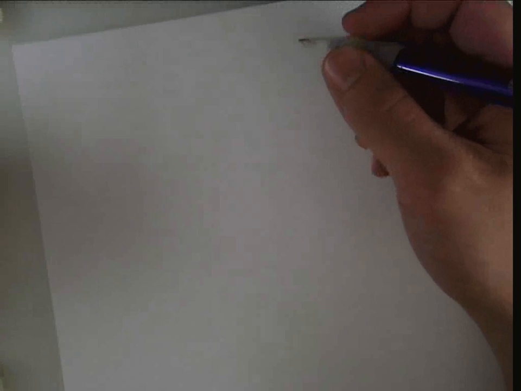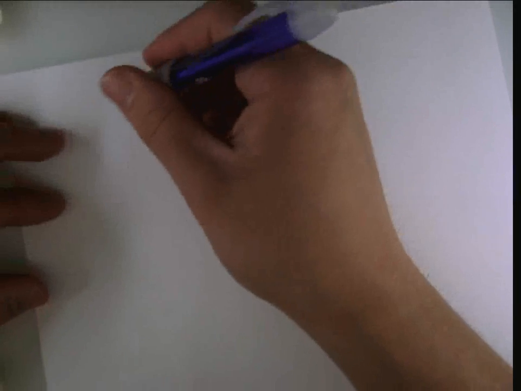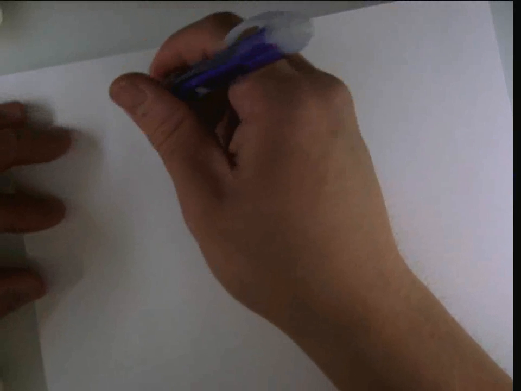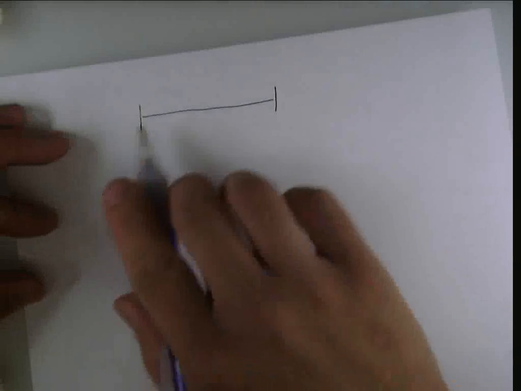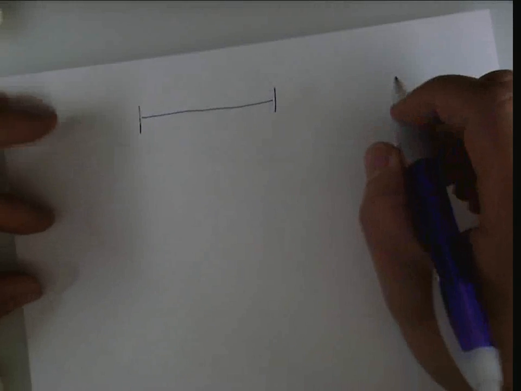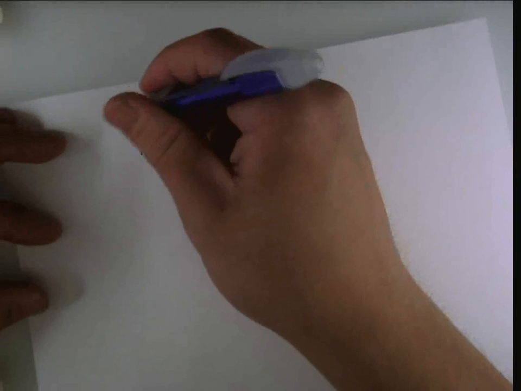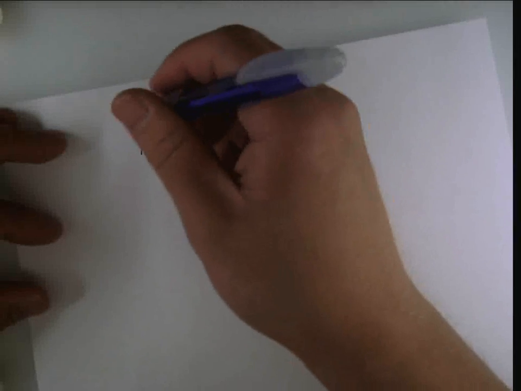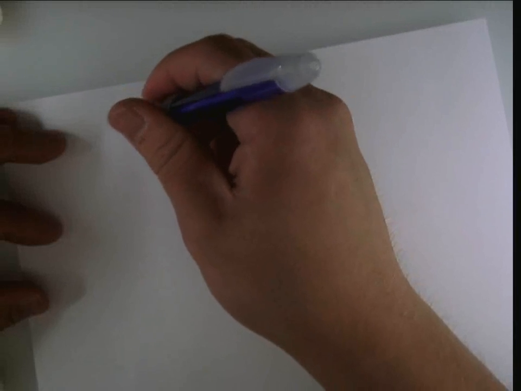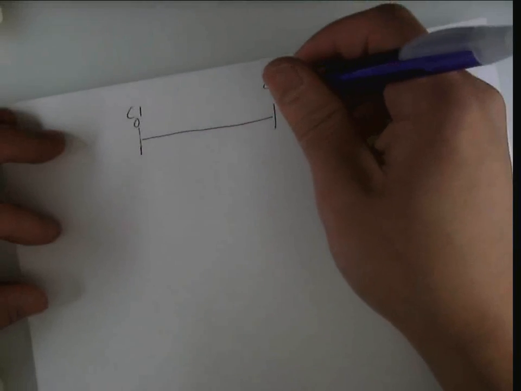So the way to know that you can detect or correct an error is basically by knowing how close or far you are from an actual word in the code. For example, if I start off with a distance 1 code, imagine that this line segment and any future line segment is a distance of 1 between two code words. We have code word 1, which is 0, and code word 2, which is 1.